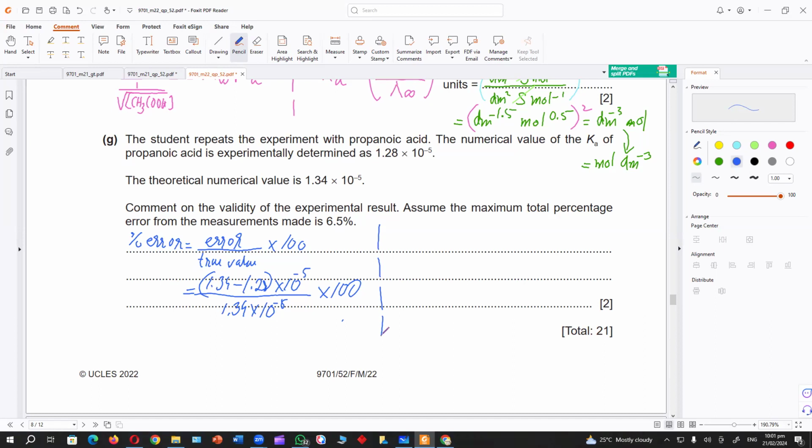See how much percentage we get here. It will be 4.5%. Result is valid as 4.5% is within 6.5%.